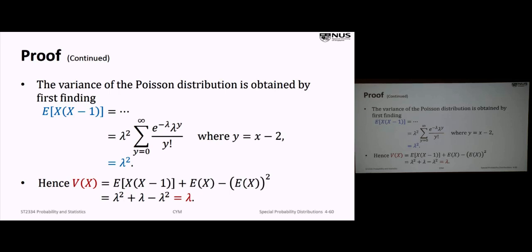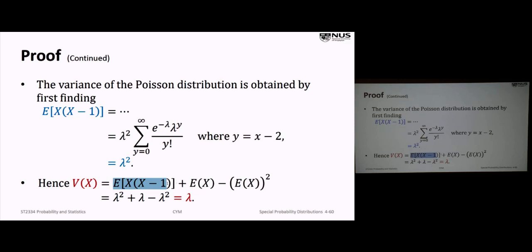And you say, where does this formula come from? Well, remember that the variance of x is the expectation of the square of the random variable minus the expectation of the random variable all squared. So this expression here, that's just coming from the definition. Now, to get the expected value of x squared, I have the expected value of x times x minus 1, which is the expectation of the random variable squared minus the expectation of the random variable.